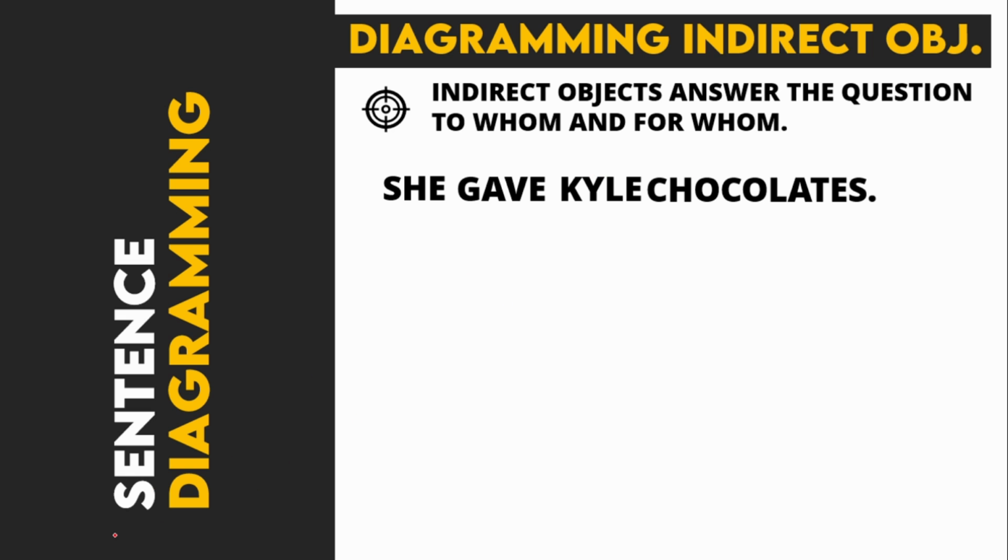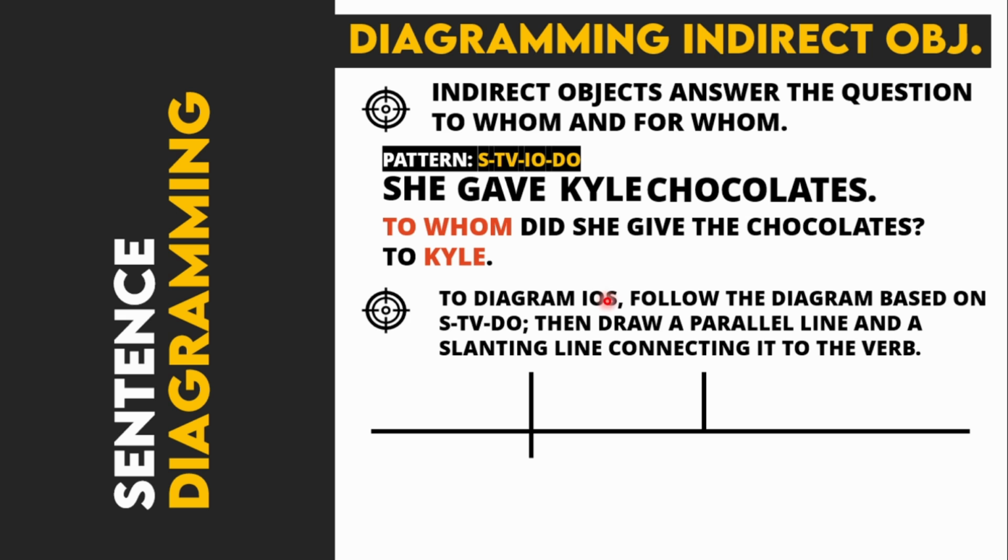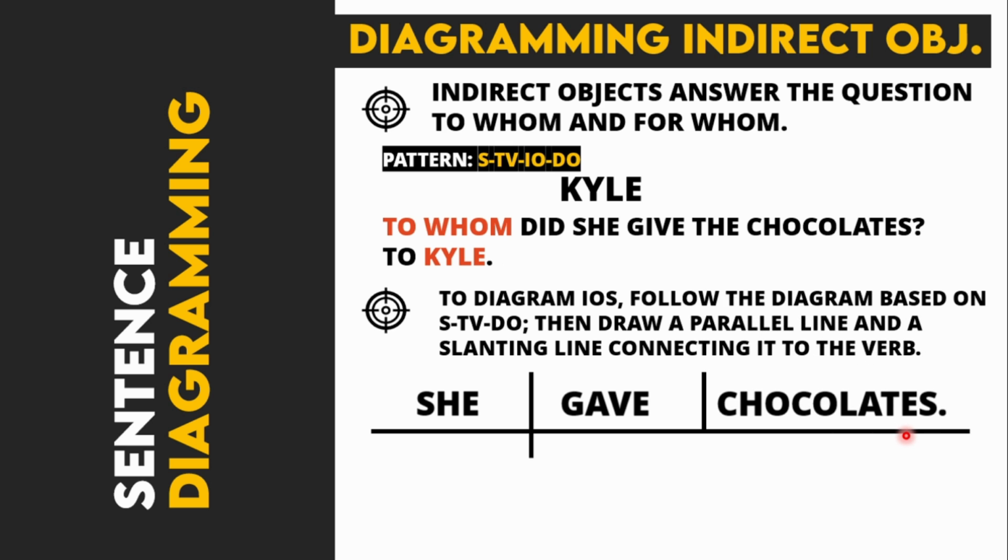Okay? So with that having said, we'll now be diagramming the indirect object and the direct object in one sentence. And we'll be having now the pattern STVIODO. How do we diagram indirect objects in a sentence? Of course, you follow the structure for STVDO, and we're just going to add the indirect object of the sentence below the word gave.